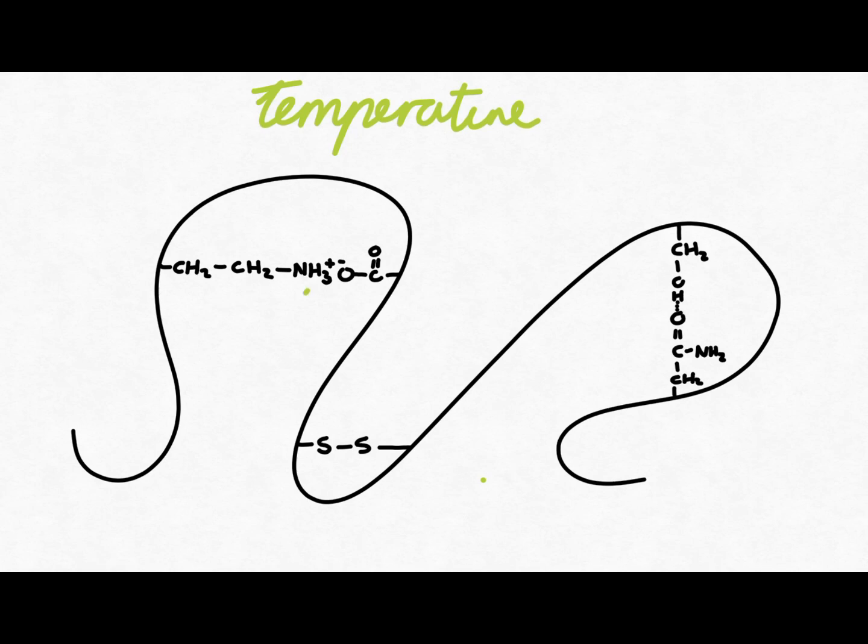There are several different factors that can affect the rate at which an enzyme is active. The first one is temperature. Now, if we look at the tertiary structure of a polypeptide, we can see that it's held together by several different bonds. These can include ionic bonds, hydrogen bonds, and even disulfide bonds.